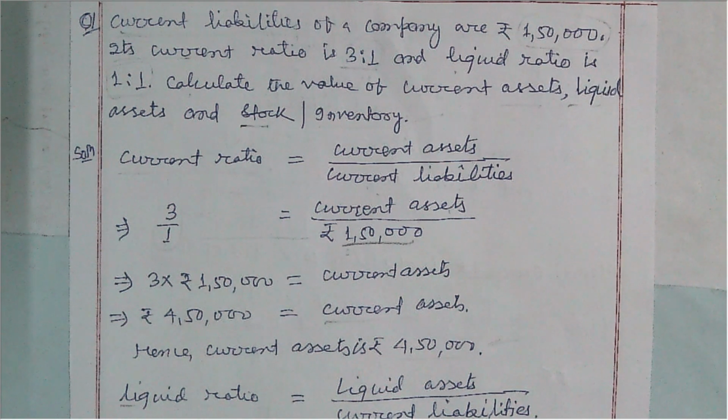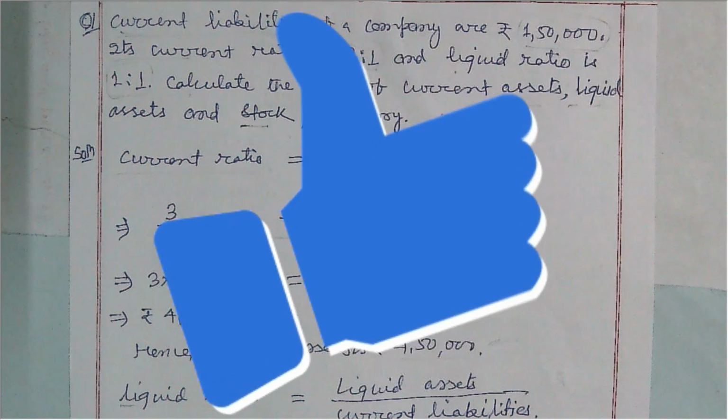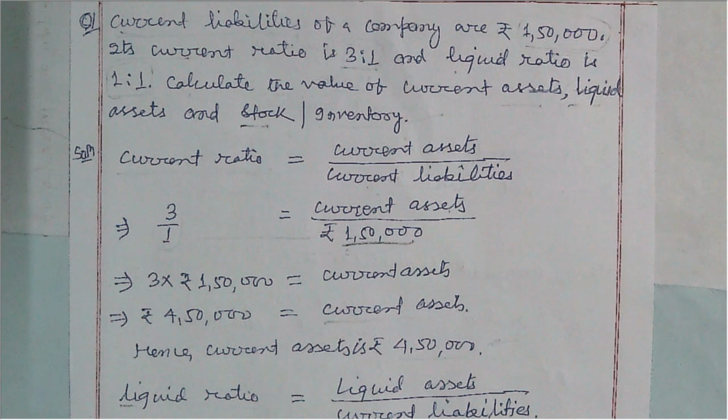In the preceding two classes of accounting ratio, we focused on calculation of current ratio and liquid ratio with the help of given amounts of current assets, current liabilities and liquid assets. Today's class is based on calculation of current assets, current liabilities and stock values. Considering this point, the problem is on the screen.